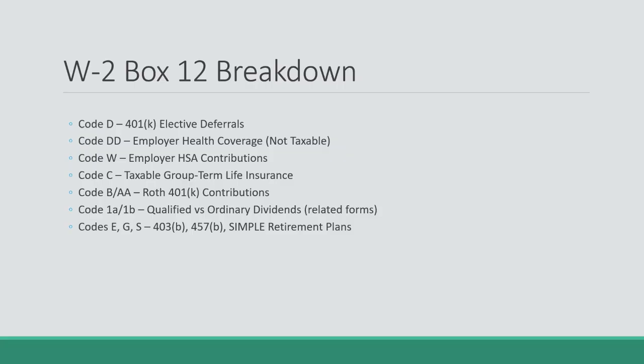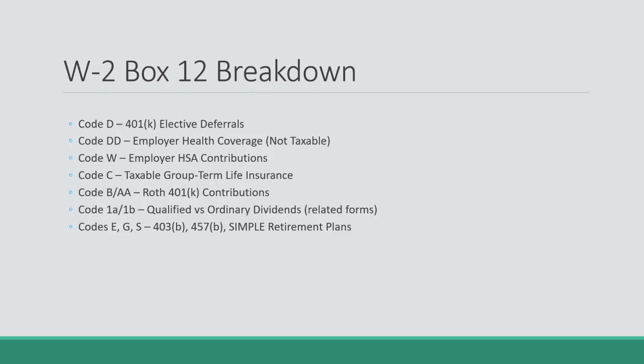If the employer or you defer money into your HSA contributions, that'll be at box 12, with a W and a dollar amount that the employer put into your HSA, your health savings account. Code C is if you receive a large taxable group term life insurance.